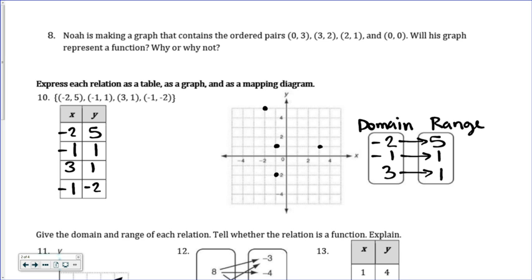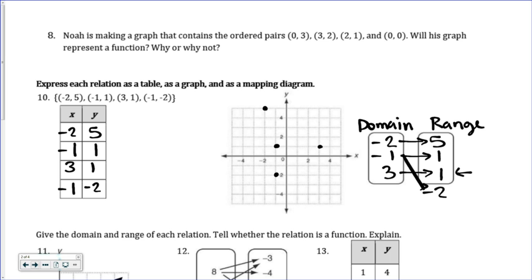Then we have -1, -2. You could have also not done the second -1 here and had a line from your 3 to your 1, or that +1.